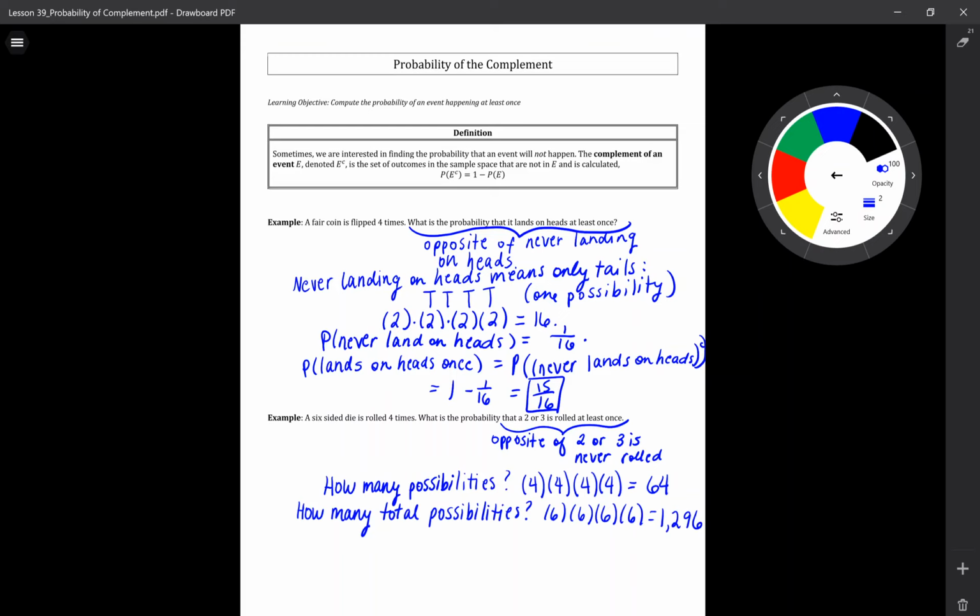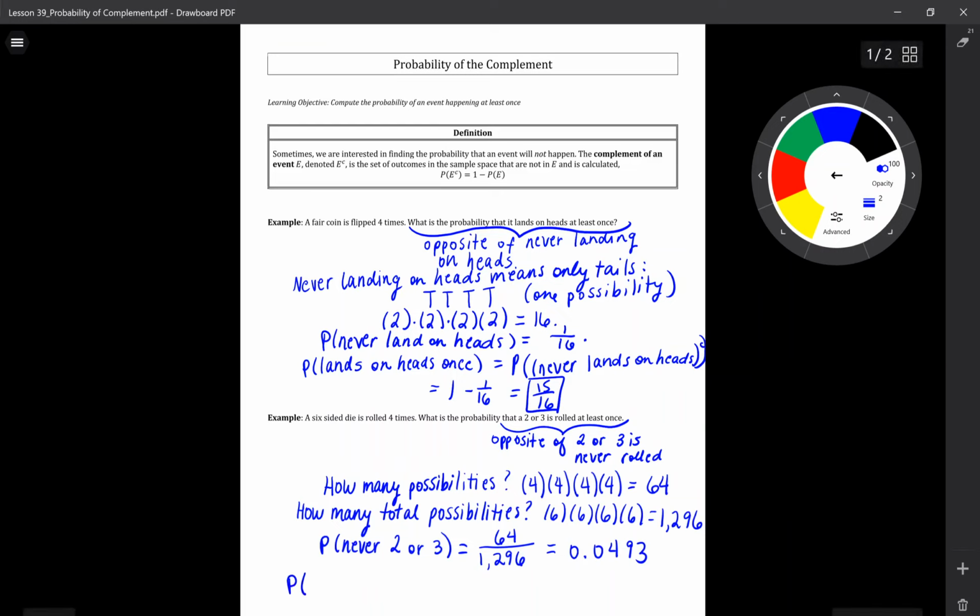So the probability that I never roll a 2 or a 3: there are 64 ways to never roll a 2 or a 3 out of 1,296 total ways to roll a 6-sided die 4 times. So this is equal to 0.0493. And remember, I'm trying to find the opposite of this.